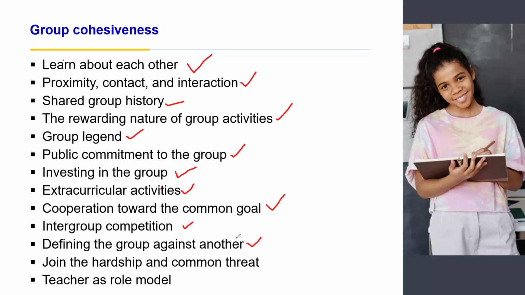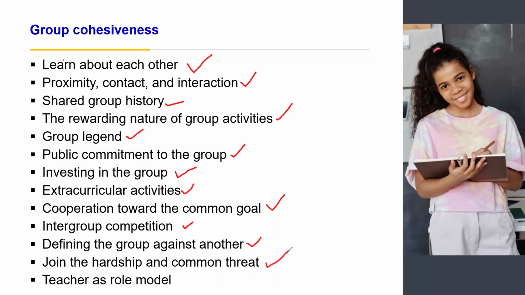And then again with another group, it looks similar to the intergroup competition. But in this part, they may find out or reflect on how special their group is, or how special the members are compared to another group. And the next one is joint hardship and common truth.